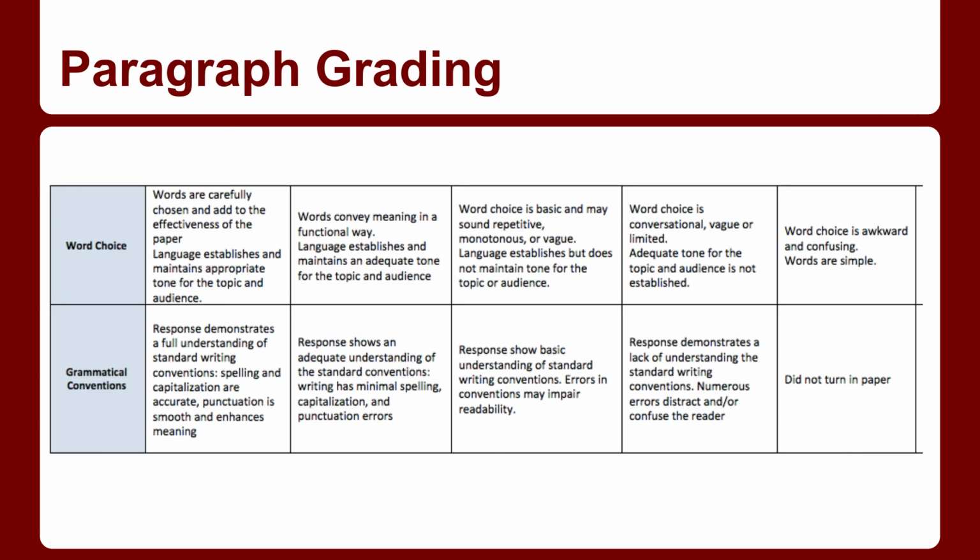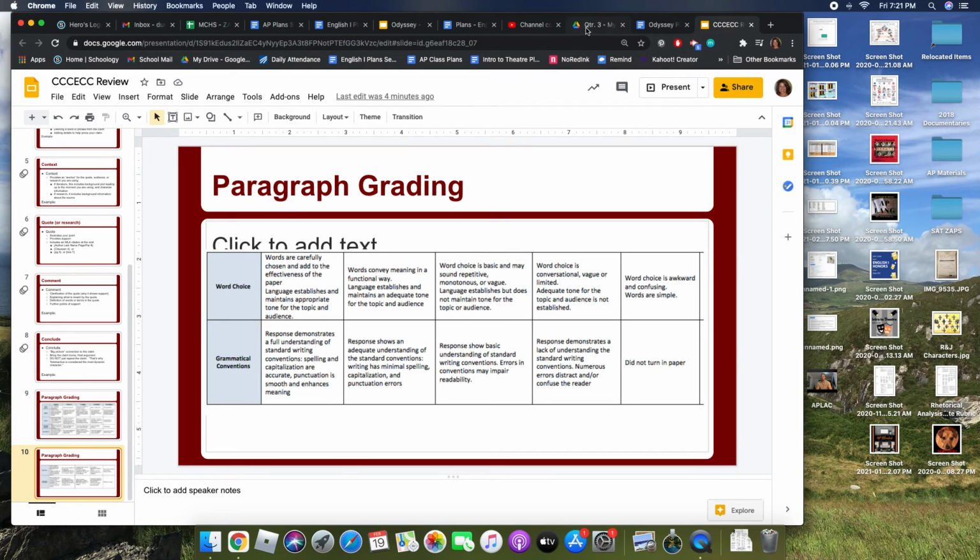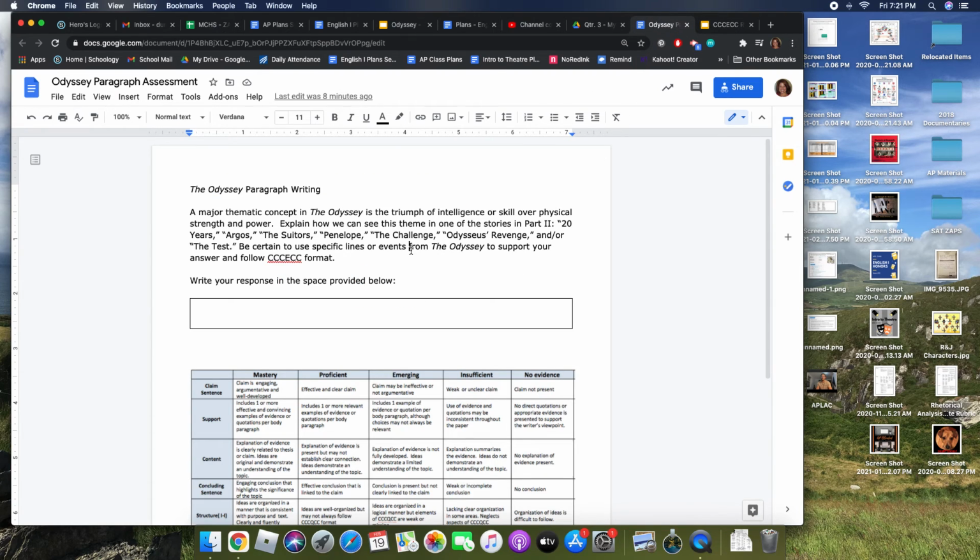Okay, so on your paper, you will see that your theme, or what you're going to be writing about in your paragraph, is the triumph of intelligence or skill over physical strength and power. You need to choose one of the stories in part 2 that mostly shows this.